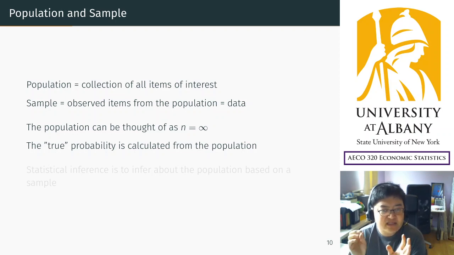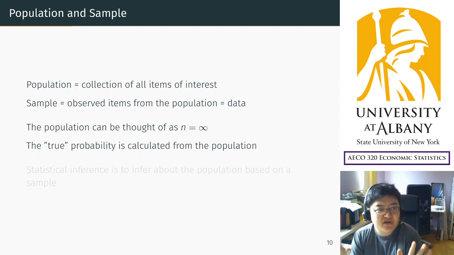The easiest way to understand this is to think of it as an infinite number of repetitions. So the population is just an infinite number of repetitions, which is impossible. So it is unknown. The true probability is calculated from the population, or the infinite experiments, so the true probability is unknown.